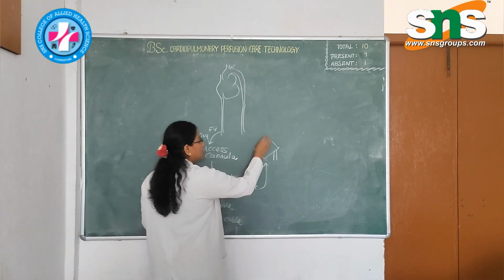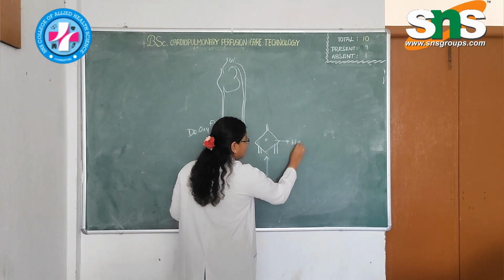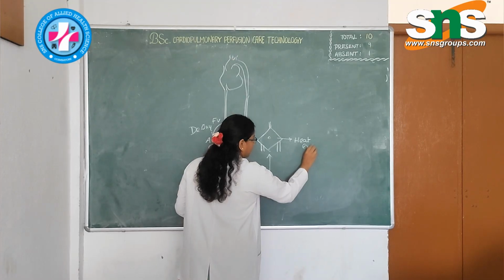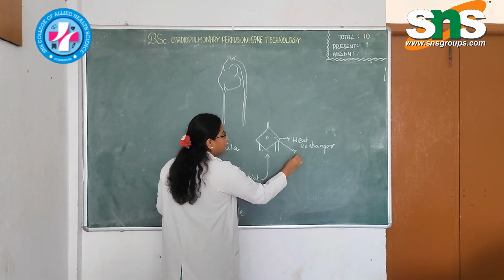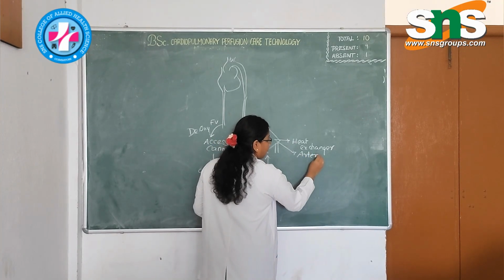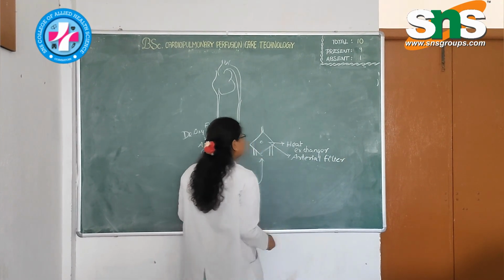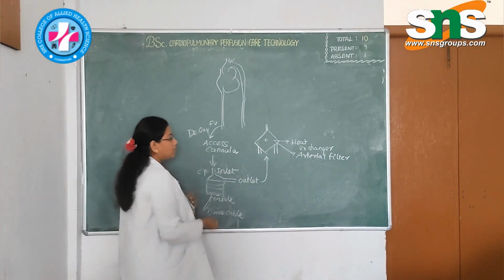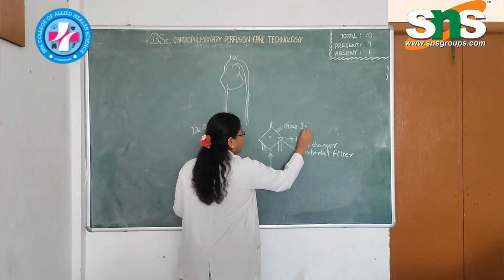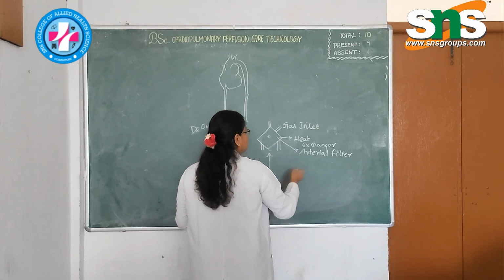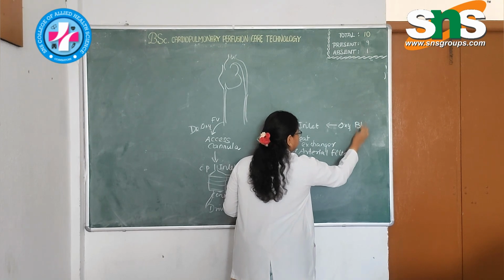This oxygenator has an integrated heat exchanger and an integrated arterial filter. The oxygenator receives gas through a gas port, and the gas port is supplied by an oxygen blender.